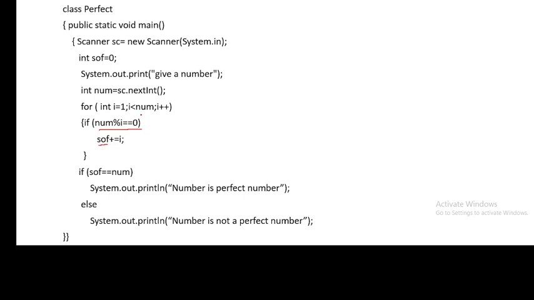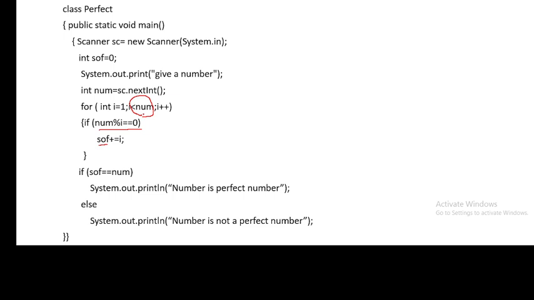Now notice this condition also: i < num. We are not saying i <= num, because if the loop goes till the number, then we always get a sum greater than the number, because the number itself is also a factor.